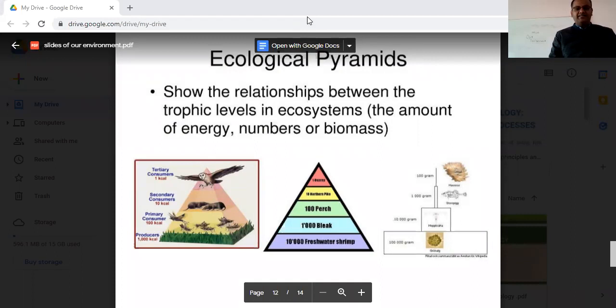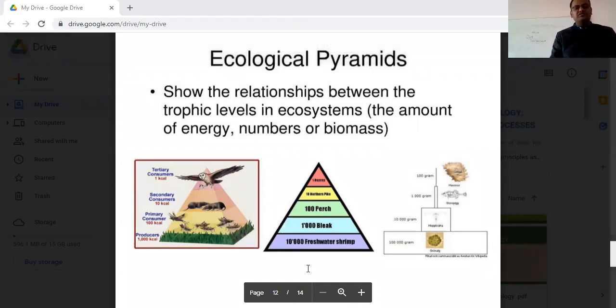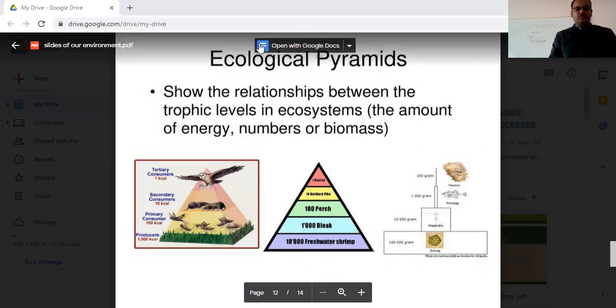And then as we move from the producer towards the tertiary consumer, the population goes on decreasing. Did you get it? So this is called the ecological pyramid, and this is the pyramid of number. Is it clear to all the students? Okay, fine.